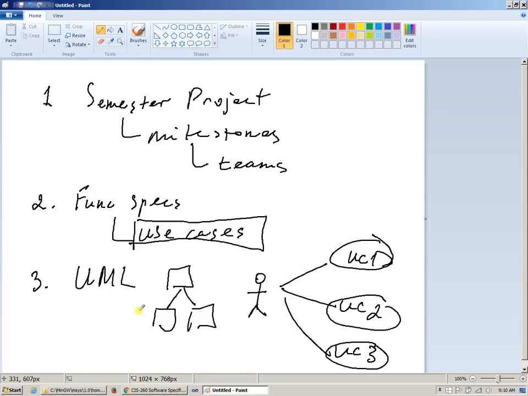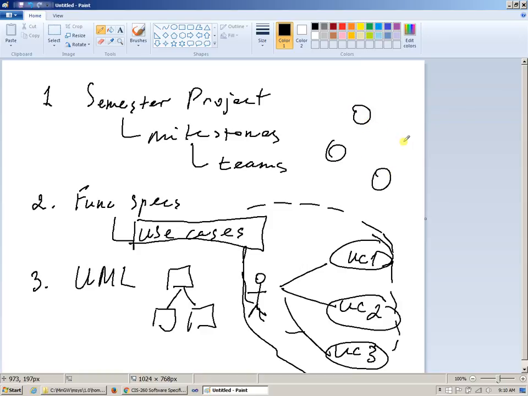Essentially, there are different types of UML designs, like class diagrams, which show structure, and use case diagrams, which basically describe use cases. This goes together with this set of use cases. Eventually we can also work on state diagrams, which look like this: your system can be in different states, and you can go from one state to another state, back to this state, visit some other state, go from this state back to the same state, and so forth, right?